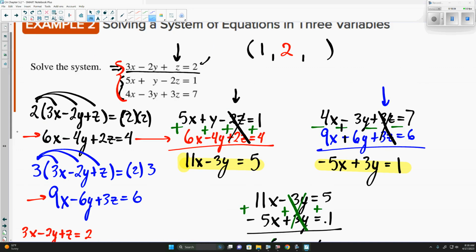So our solution is, funny enough, the point 1, 2, 3. And we could plug it in any one of these equations if we wanted to check it.